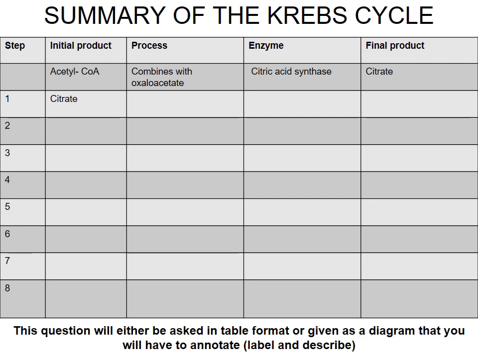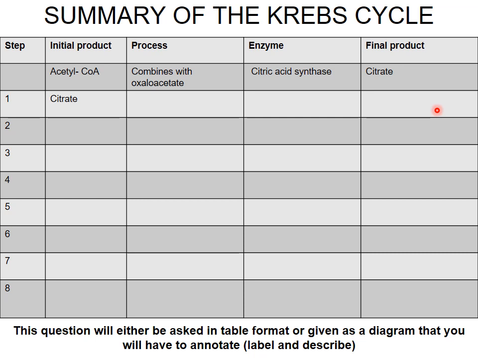Right, so to summarize the Krebs cycle, we're going to end up with a completely filled in table like this. For each of the 8 steps of the cycle, we're going to fill in what the initial product is, what process occurs, the enzyme that's involved in producing the final product, which we will then put in the last column. Now this table is very important to revise, because we will ask either for a table to complete in a test or an exam, or for you to label and annotate a diagram.